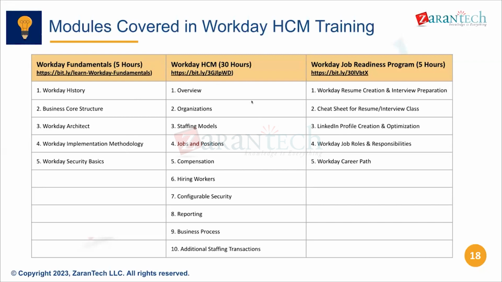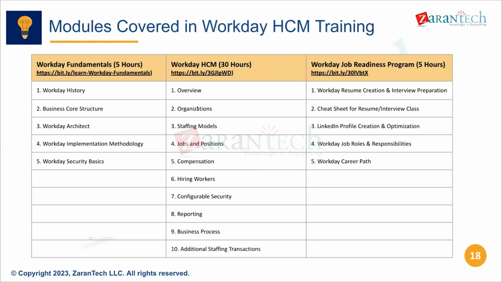Once the overview and different types of organizations, these are the first, starting from point number 2 to point number 7. These 6 are the core pillars of Workday. I call them the core pillars of Workday. I'll probably replace point number 6 with business processes, which is point number 9. I'll interchange them.